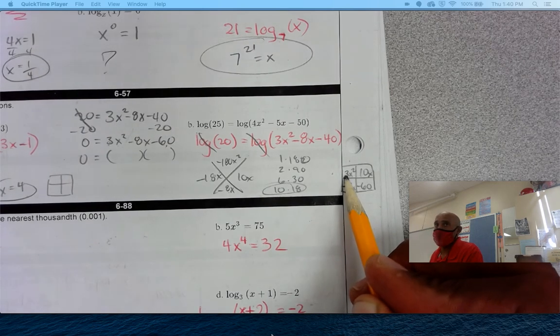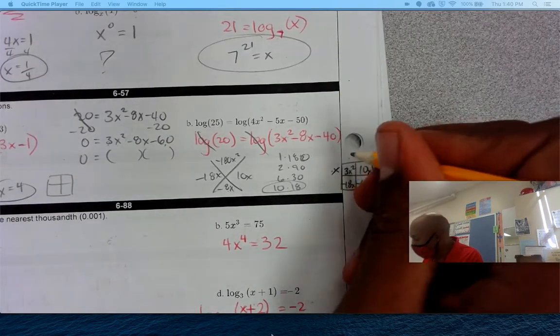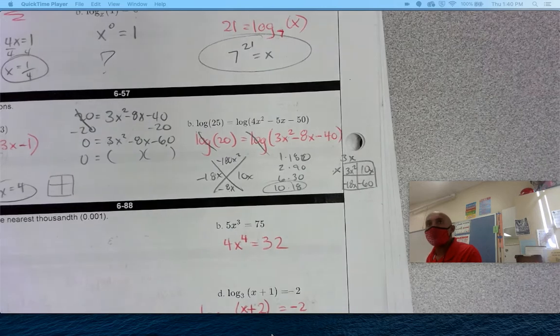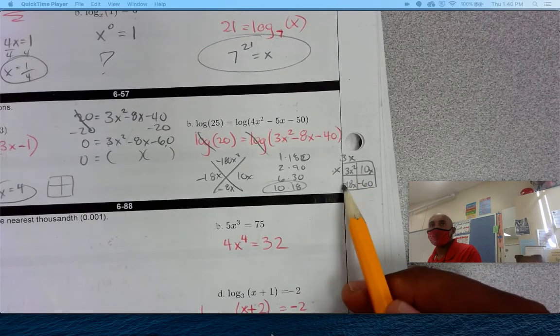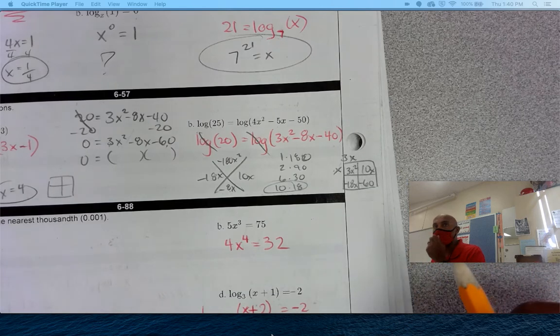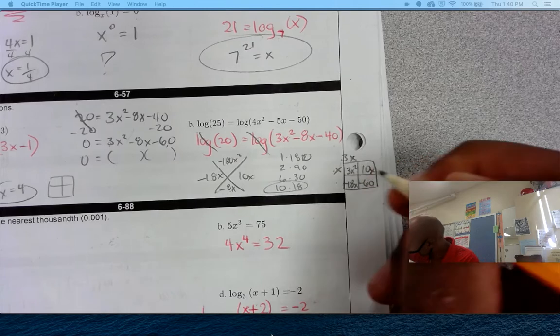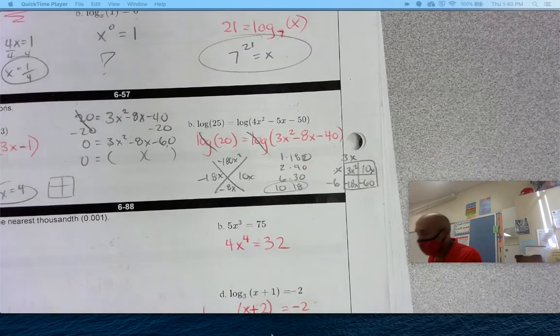No, just one. So I know that only x goes here, which means that 3x must go there. And if you look at 18 and 3, they both can be divided by 3. So I know the 3x goes there. So now 3x times what will give me negative 18? Well, that would be negative 6.